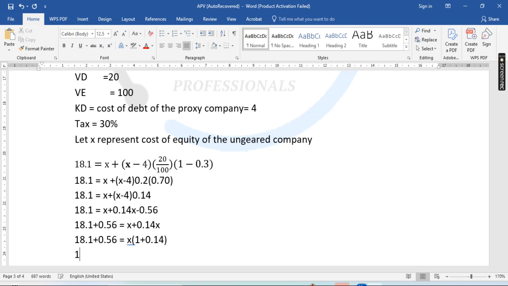We can have 18.1. When you add this, what do you have? 18.1 plus 0.56. What do you have? 18.66. 18.66 equals to, right? When you add this together, what do you have?